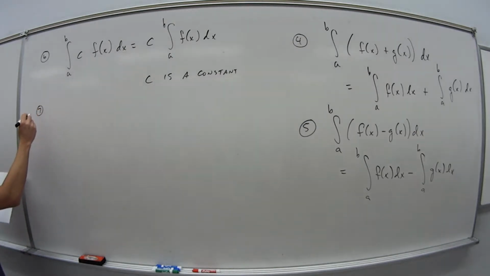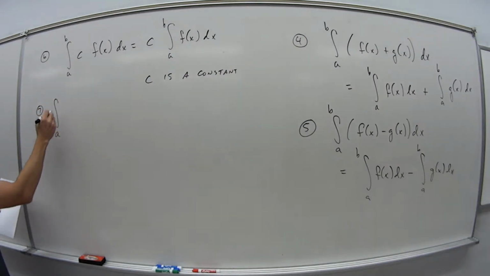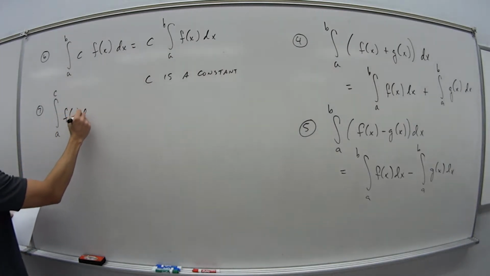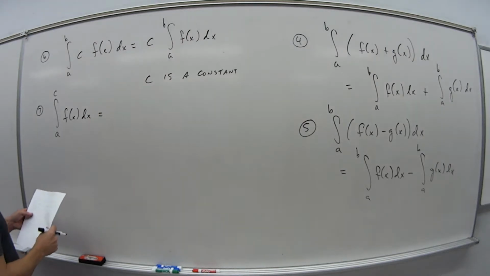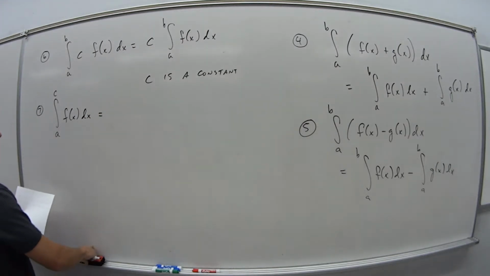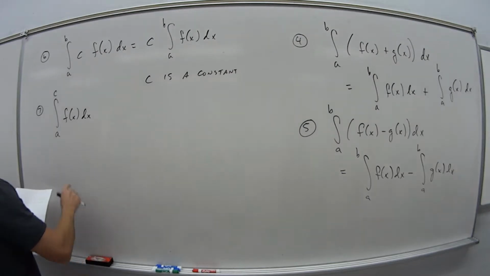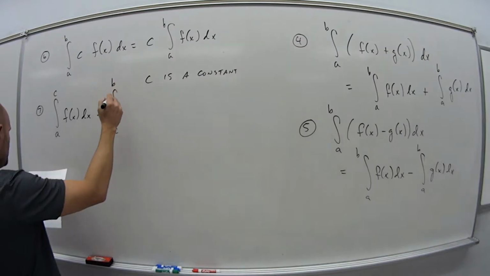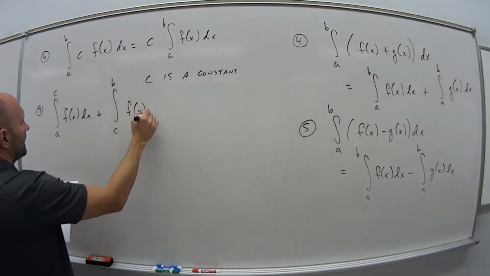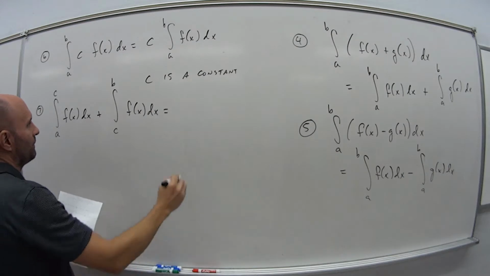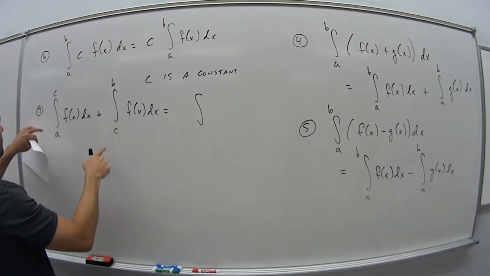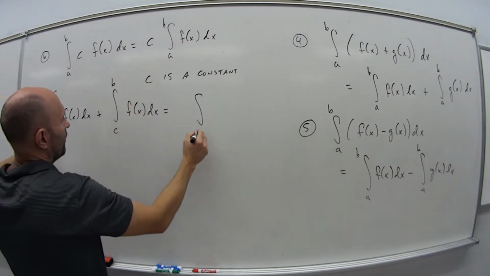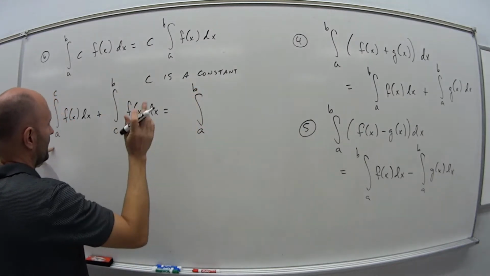Number 7. The integral from a to c of f of x dx plus the integral from c to b of f of x dx is the same as the integral from a to b of f of x dx. So we have c as an upper limit here, and c is the bottom limit here, so we're essentially going from a to b. That's why I had that little pause there.